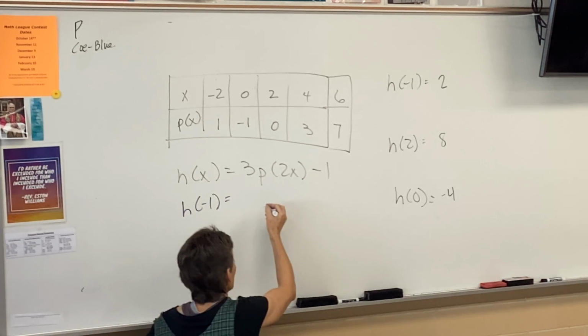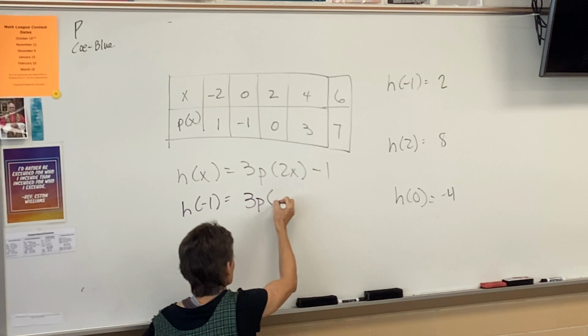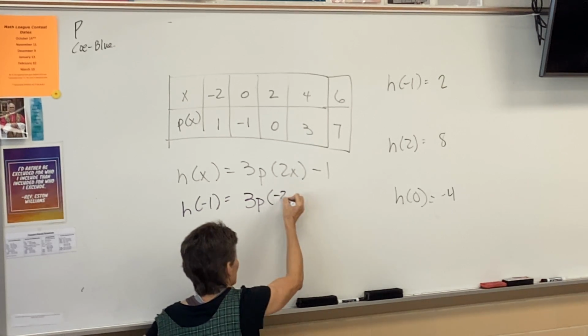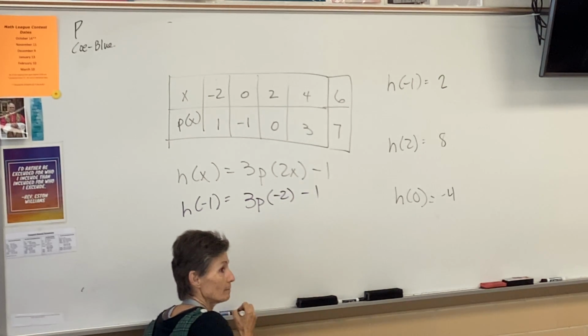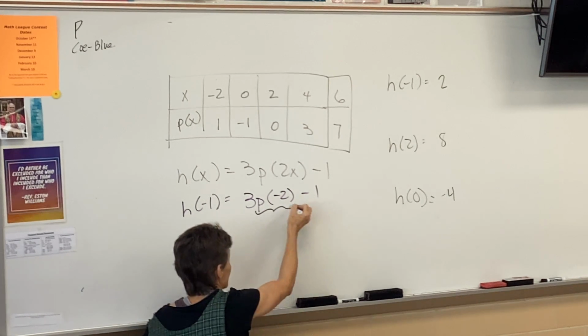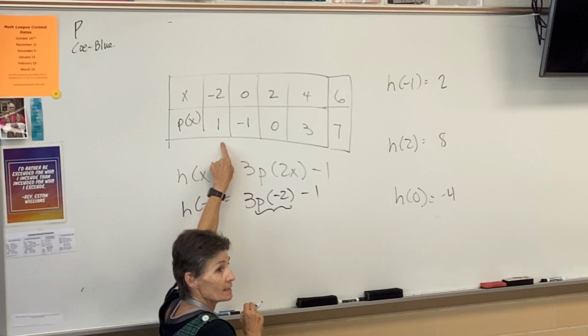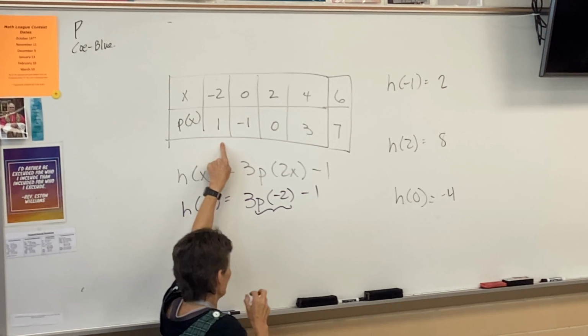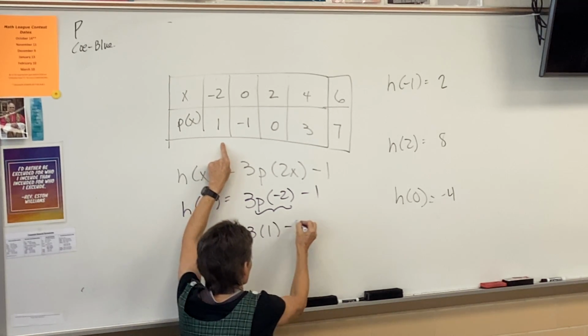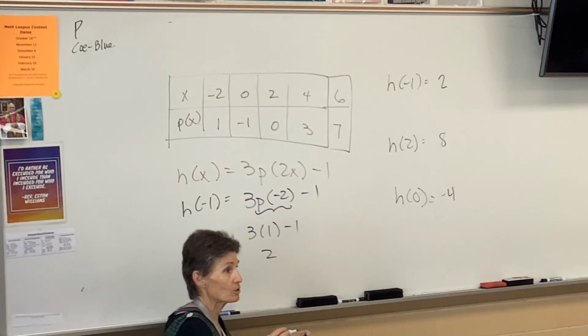So then what does this become? 3p of -2 minus 1. But this is in our chart. P of -2 is 1. So 3 times 1 minus 1, that's how she got 2.